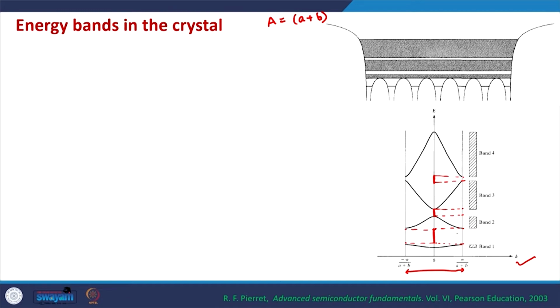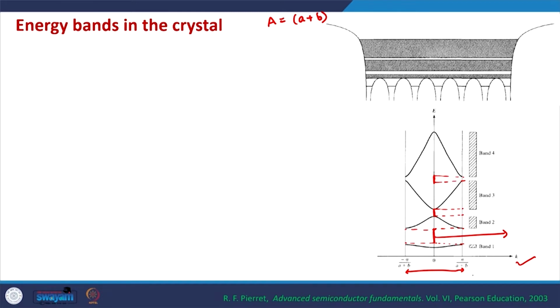These are also known as the band gaps, because this is a gap in the energy axis, the gap where no electron can exist. Okay.